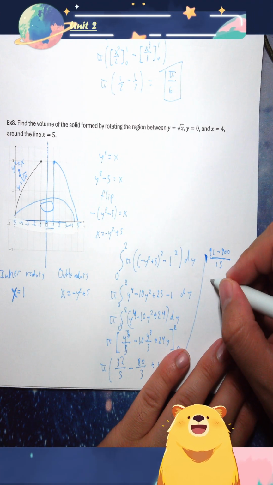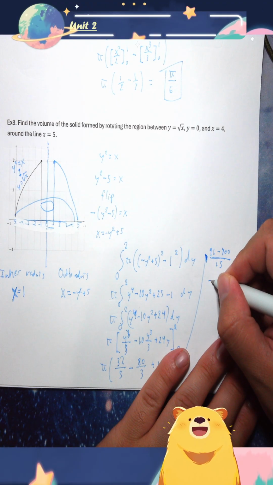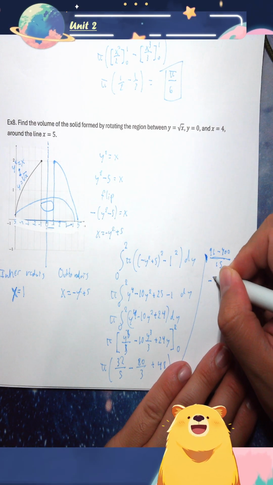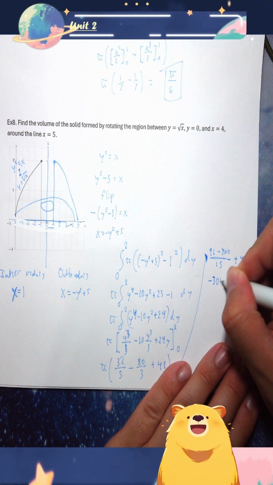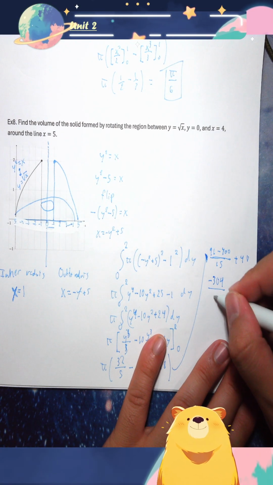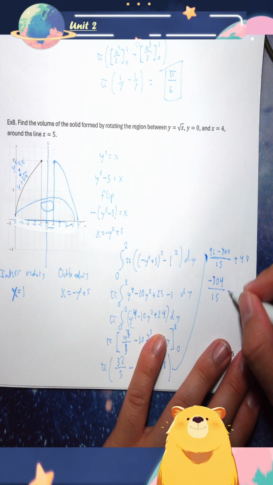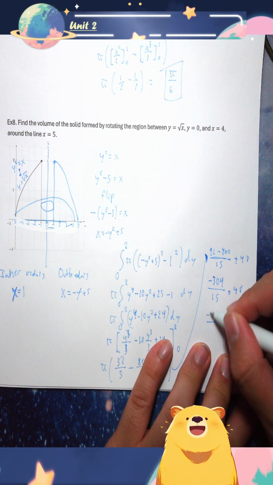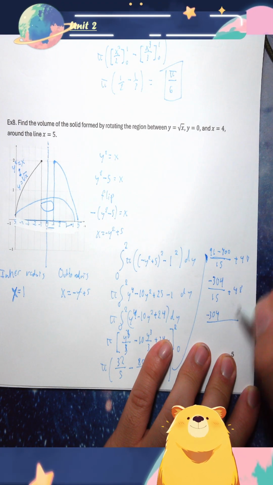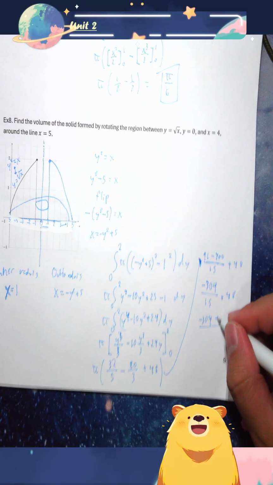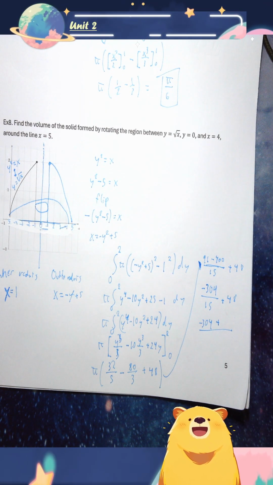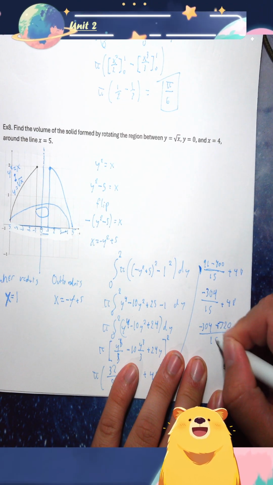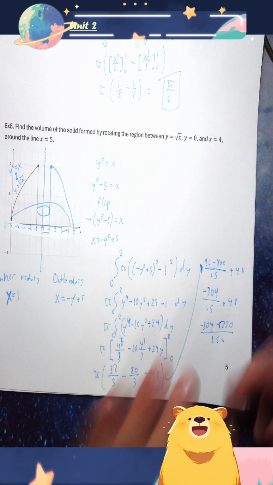That gets simplified to negative 304 over 15 plus 48. I'm going to go ahead and do negative 304. 15 times 48, I'm not going to do that in my head. I'm doing that in my calculator. 720 over 15.